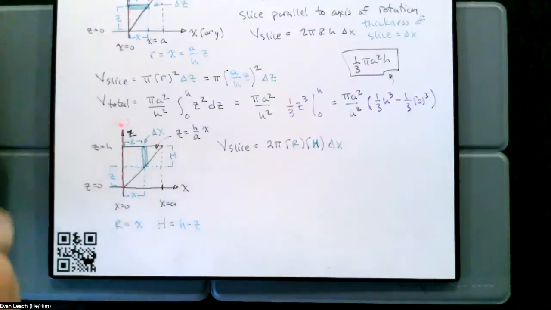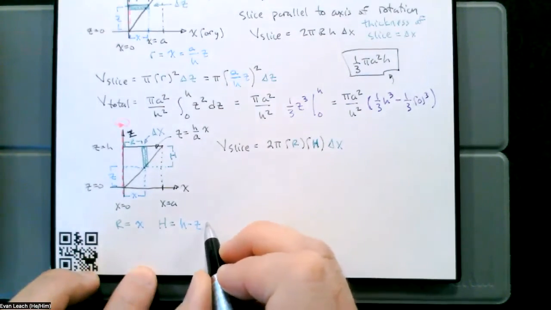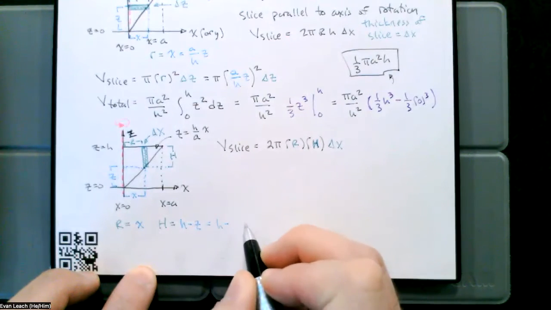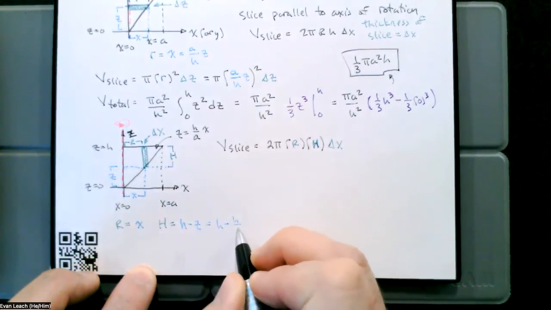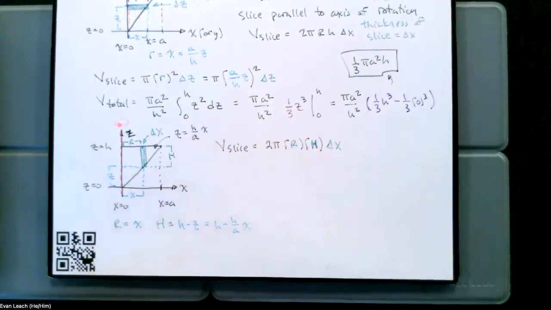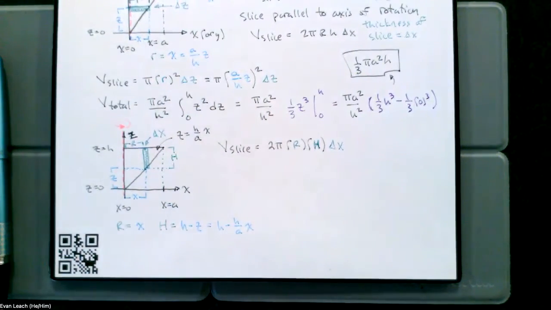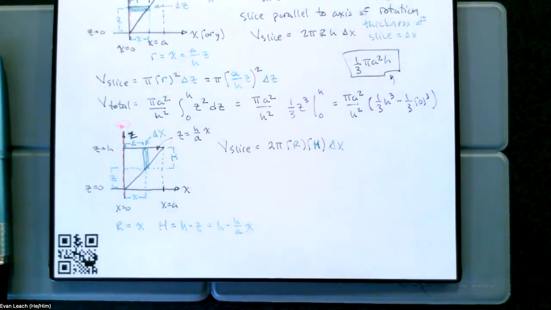My capital H is now little h minus little h over a times x. Now I've got r and capital H in terms of x. I'm ready to plug that into the slice and then integrate.